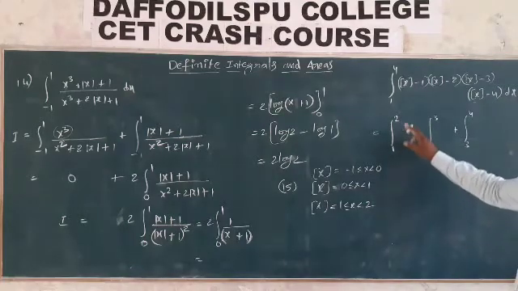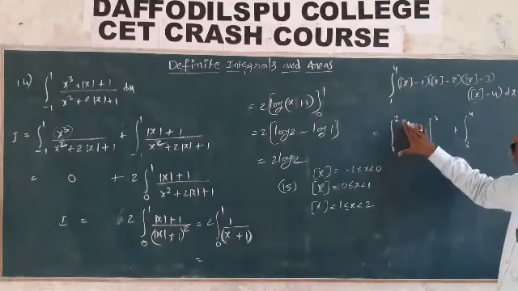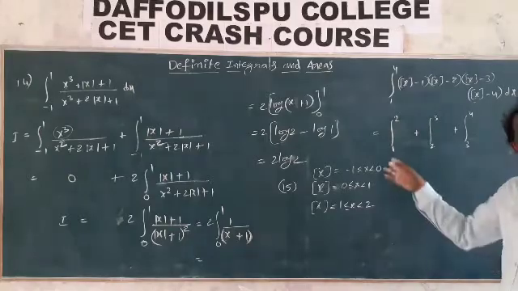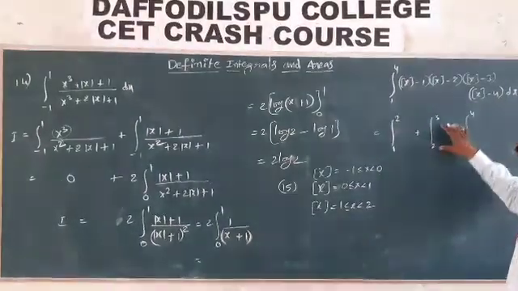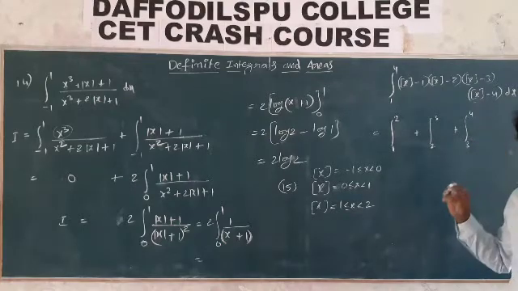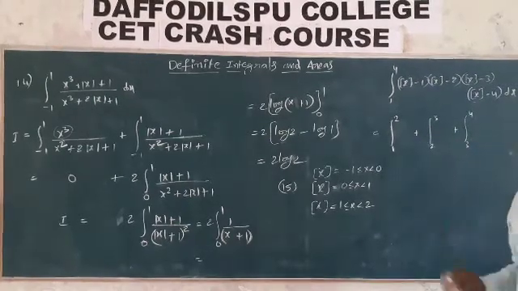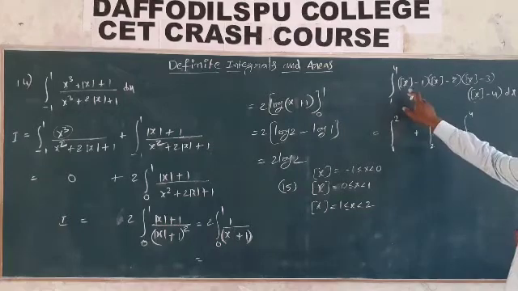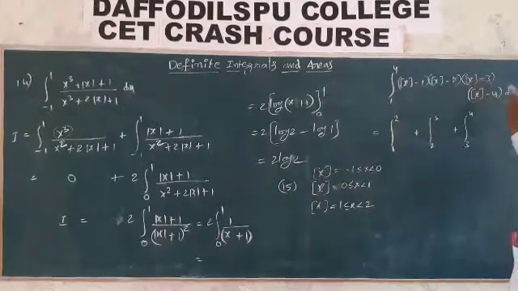Now between 1 and 2, what is the step x value? 1. Between 2 and 3, the value is 2. Between 3 and 4, the step x value is 3. Right. Here this is the product of these factors.